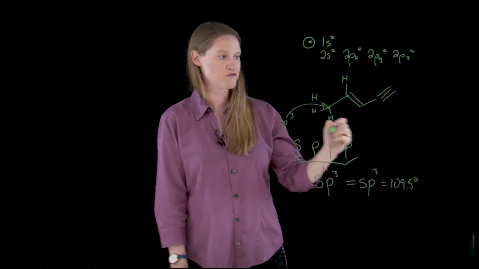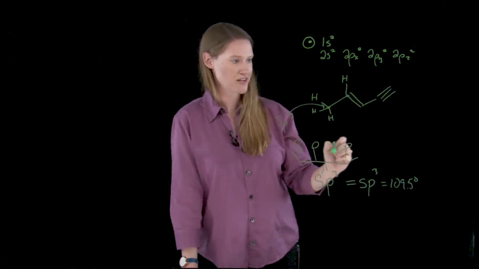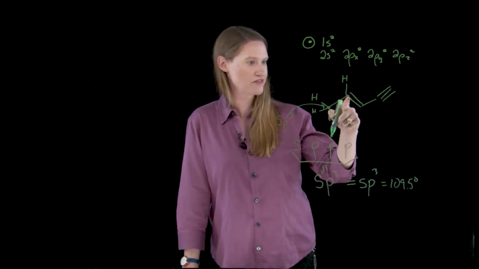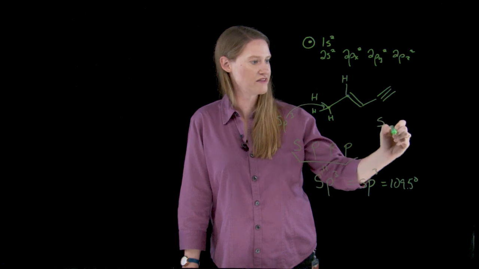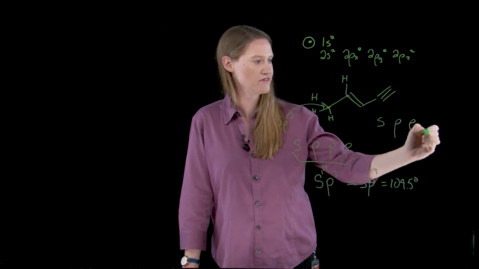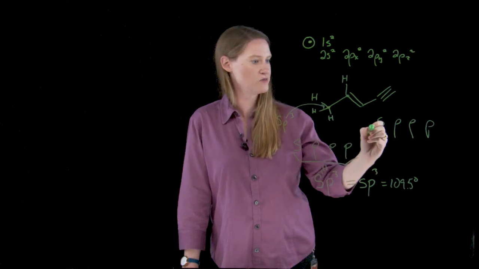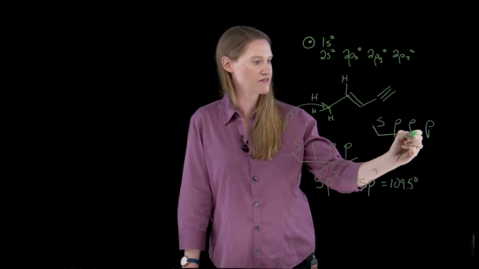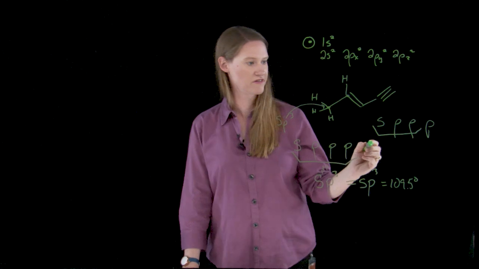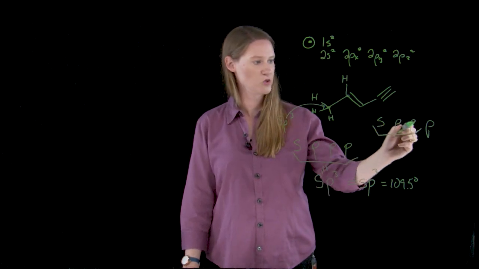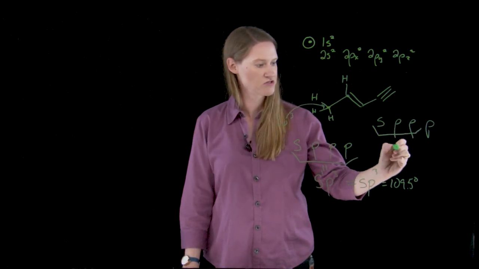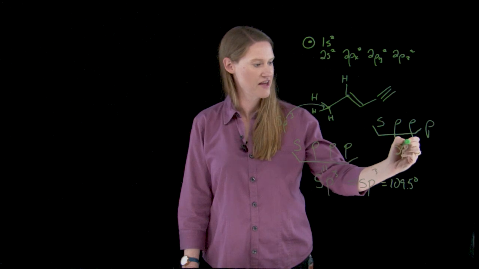So this carbon has 1 s and 3 p orbitals to work with. If we need to make 3 bonds, then we need to hybridize 3 of these orbitals, 1 s and 2 p's. And so we draw that like this, sp2.